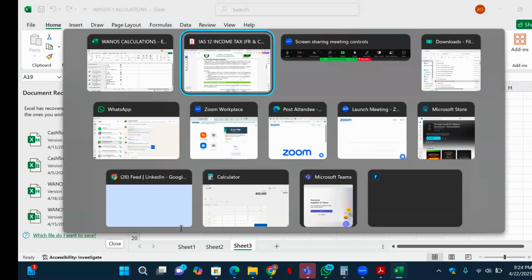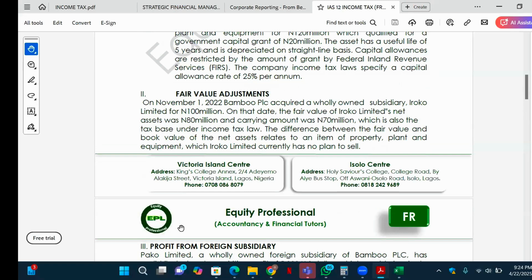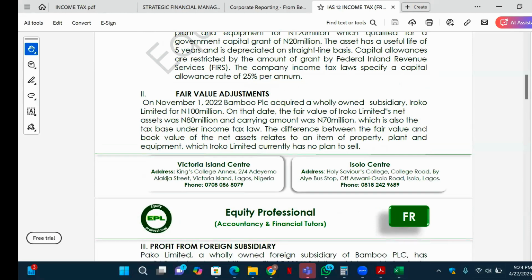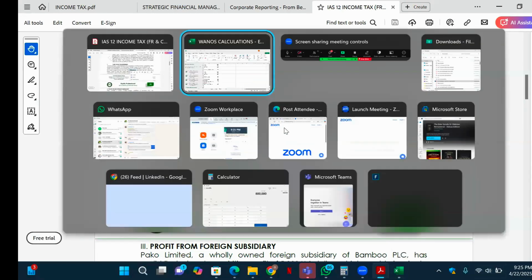Let's look at the second one. The second one said fair value adjustment. But before I go on, do we understand this? My thought process is that it is straightforward, but do we understand? Mr. Abiodun, is it clear or not? The arrangement in that spreadsheet is confusing. All right, let's go back to it then.